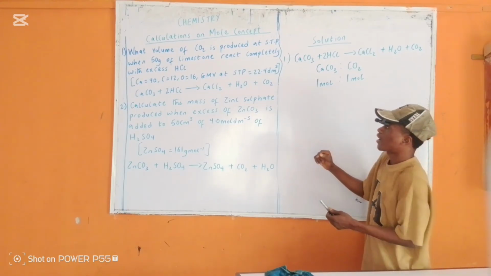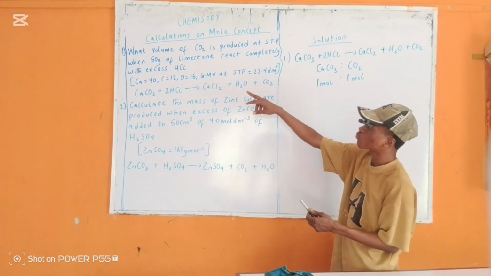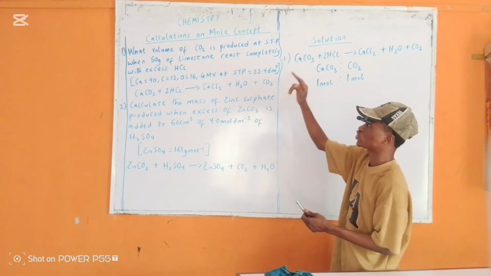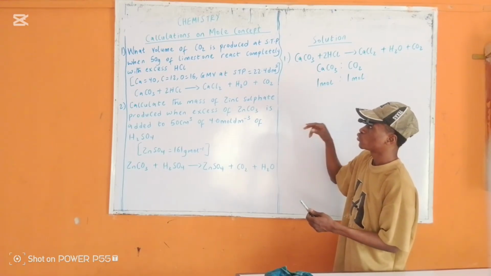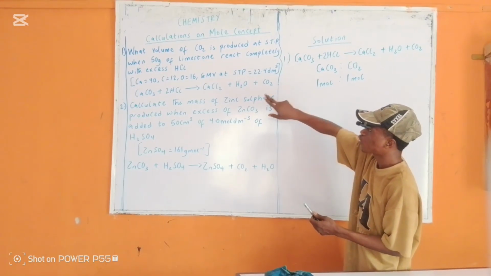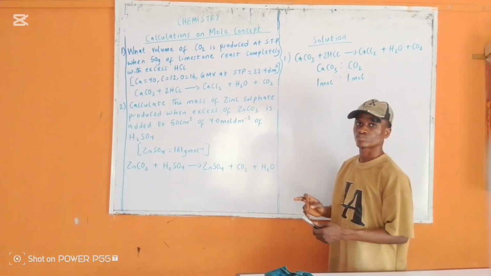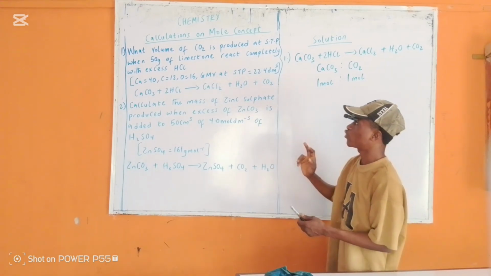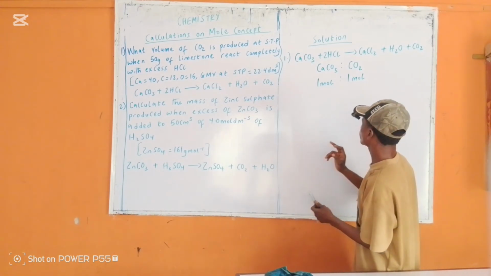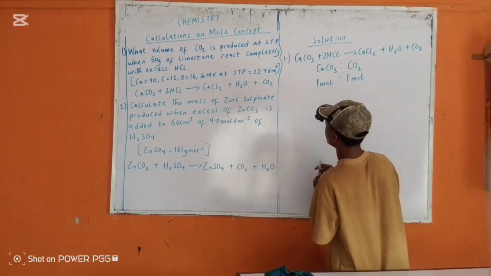Now, as we can see, question 1 says what volume of CO2 is produced at STP? So we are looking for CO2 in volume. So now, we're having 1 mole of CO2 here.